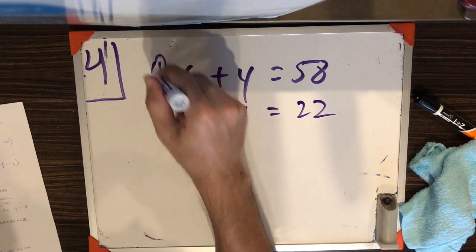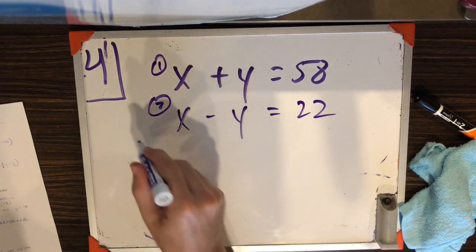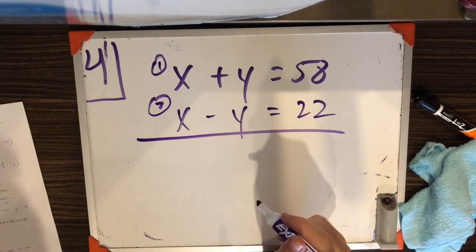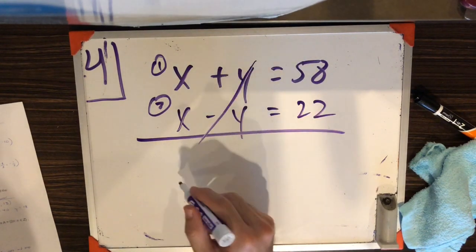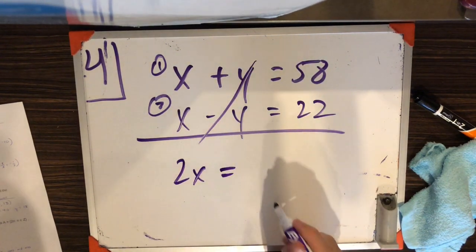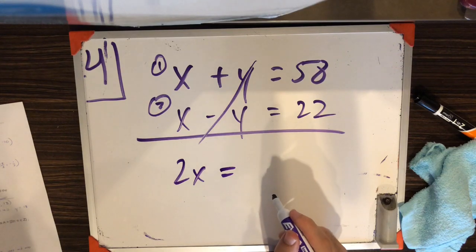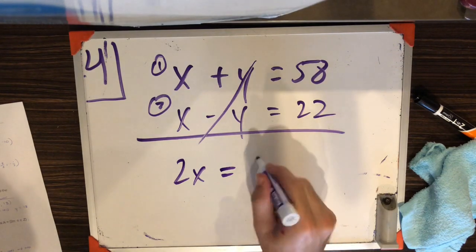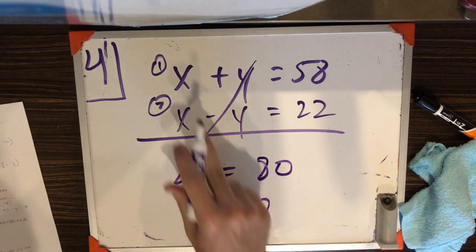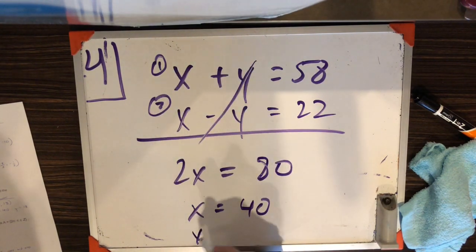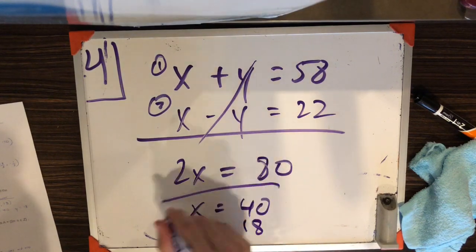Again, we have our equations here, and it's pretty easy because elimination is set up already. So y minus y, well, that ends up canceling out. I have 2x is equal to 80, okay? x is equal to 40. If I plug this back in, I know y would end up being 18.